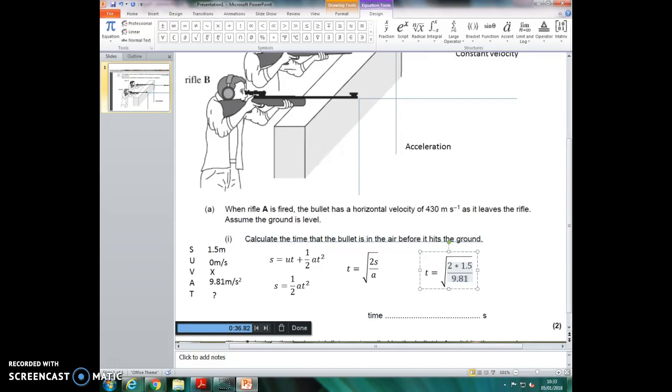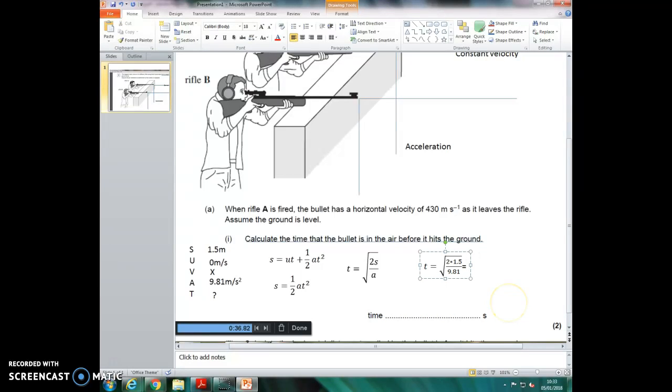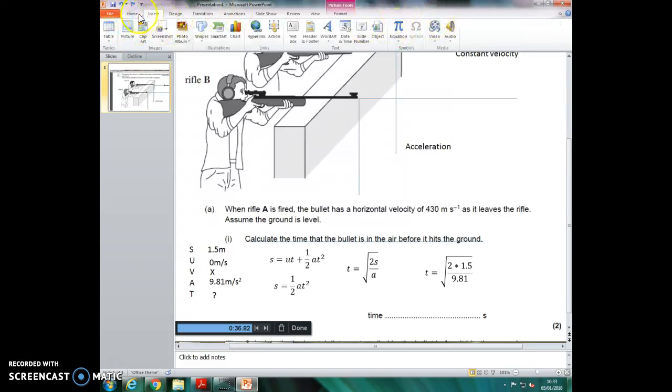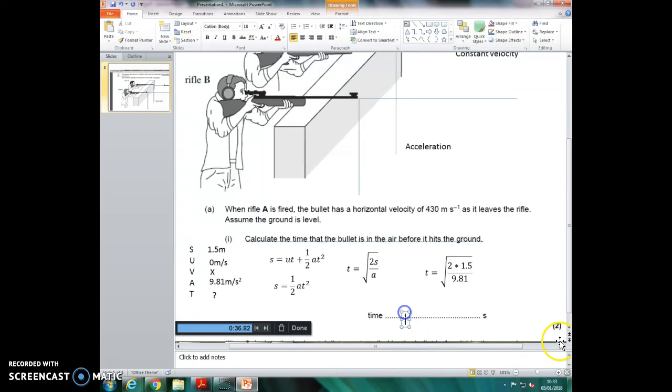Now typing that into my calculator to get t, we find that the time is equal to 0.55 seconds.